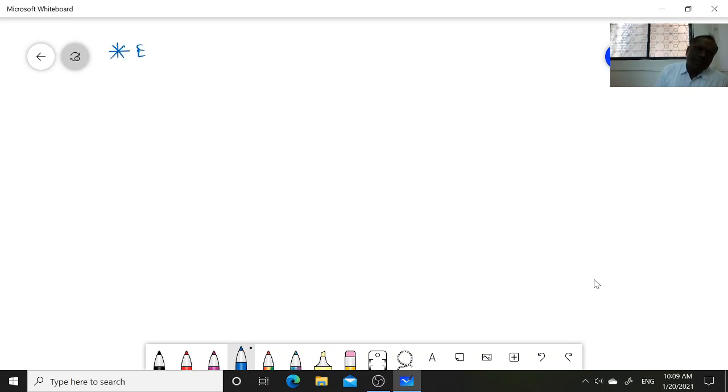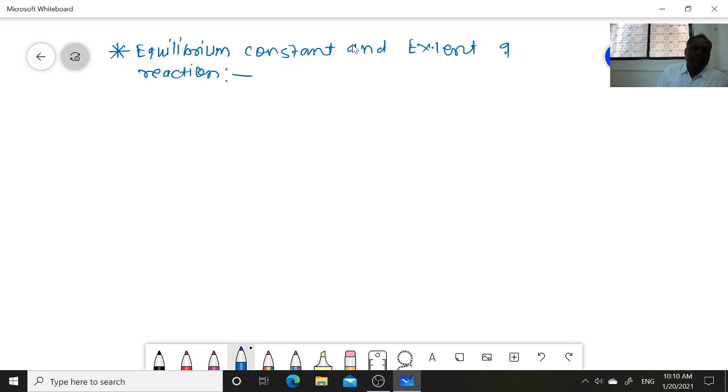Equilibrium constant and extent of the reaction.